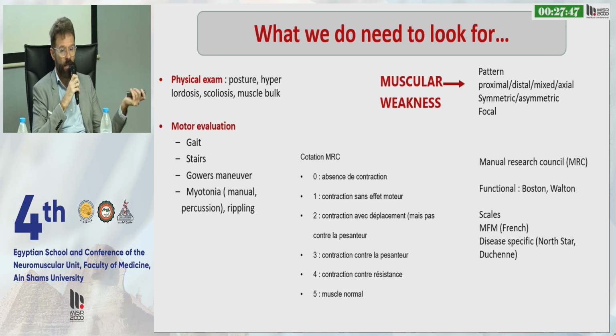We have the NSAD for the muscular dystrophy, etc. But these are mainly done in a research setting or when the physiotherapists evaluate the patient. With a simple MRC quotation of the muscle strength, you can have a good idea of the pattern of muscles that are involved and the possible diagnosis of your patient.